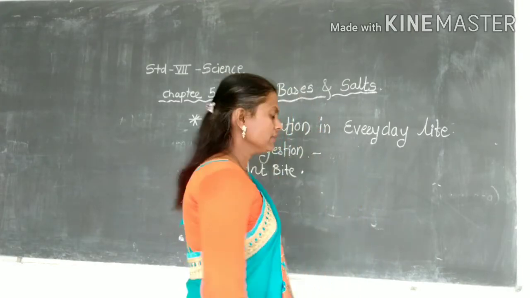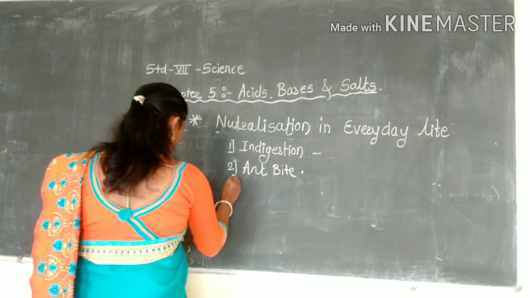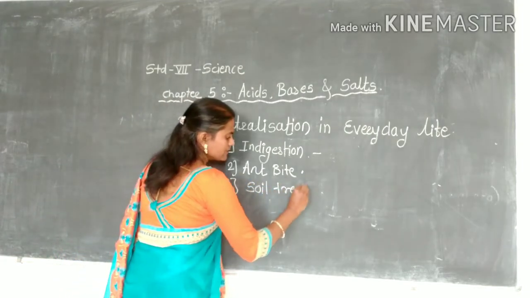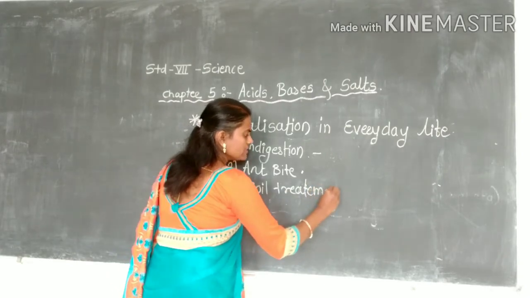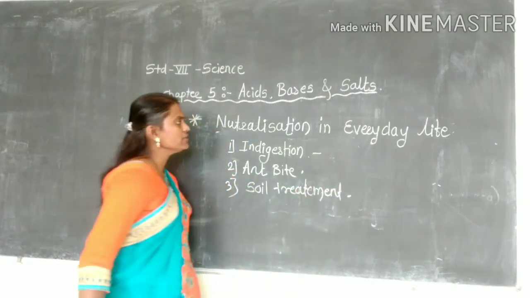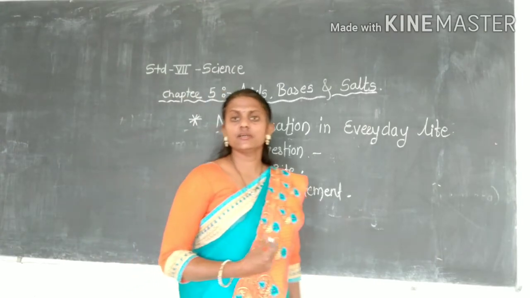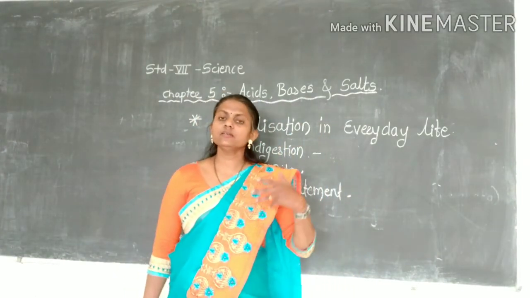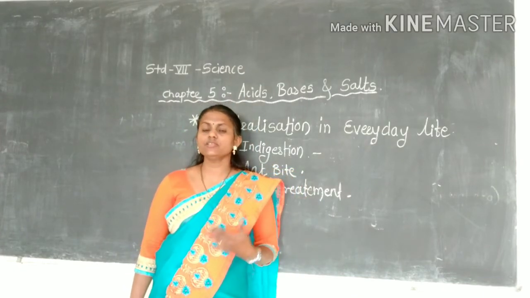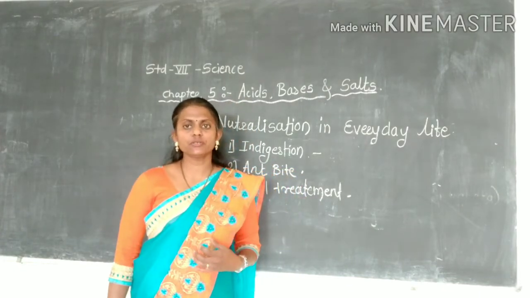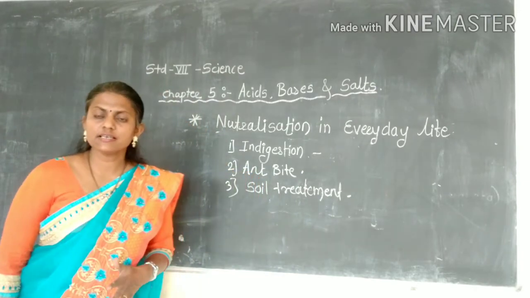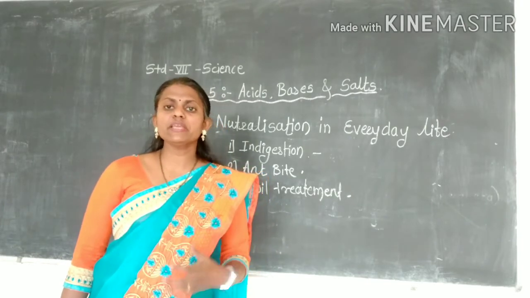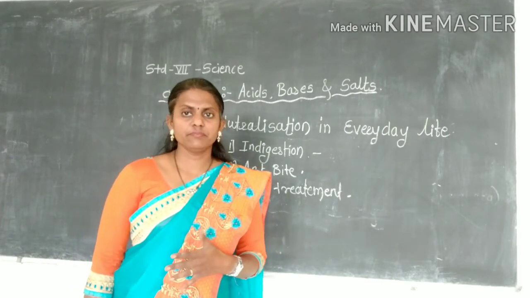Now see the third, very important, that is soil treatment. In soil treatment also we can use this neutralization reaction. Nowadays, to get more production of crops, more and more fertilizers are used, and sometimes our soil becomes acidic or basic.